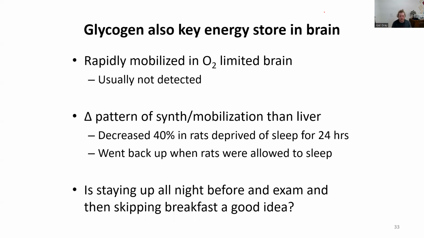It can be rapidly mobilized when O2 is limited in the brain. When we've talked about glucose breakdown, we don't require O2. And so whenever the O2 availability is very low, you can take something like glycogen and break off those individual glucose molecules so that you can keep the system moving in an oxygen depleted environment.